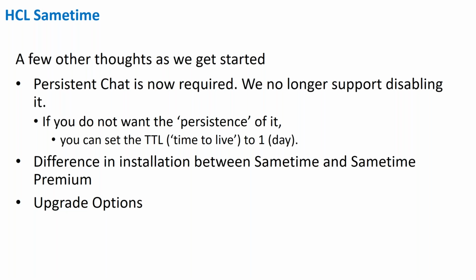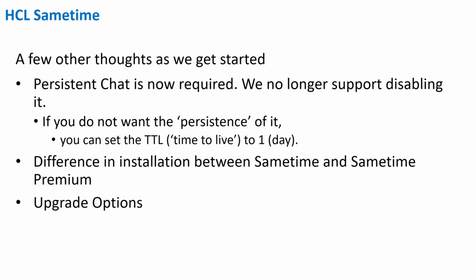I put a line here that says the difference in installation between Sametime and Sametime Premium. The overall installation aspect of it is exactly the same. You're installing Docker or a Kubernetes environment. You're going to run a script depending upon which environment that is. And that's it. It's exactly the same. What's different would be which components are laid down.